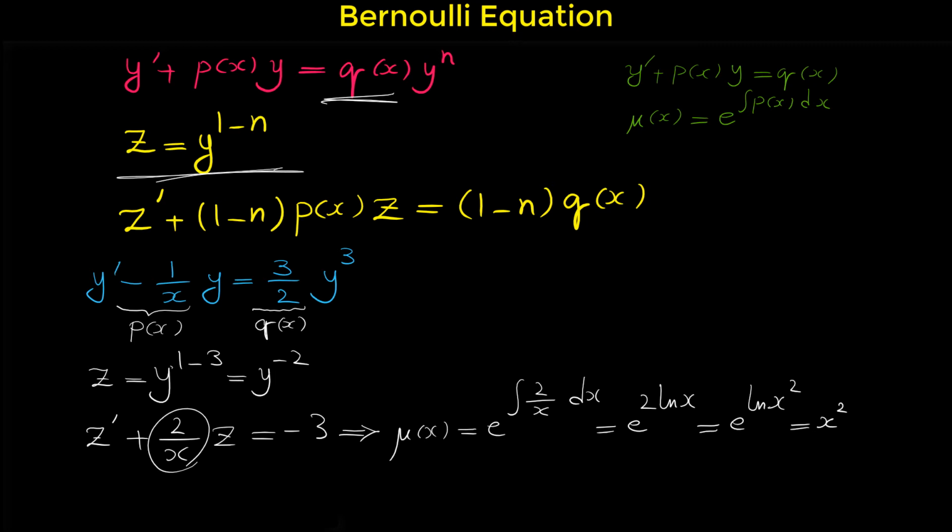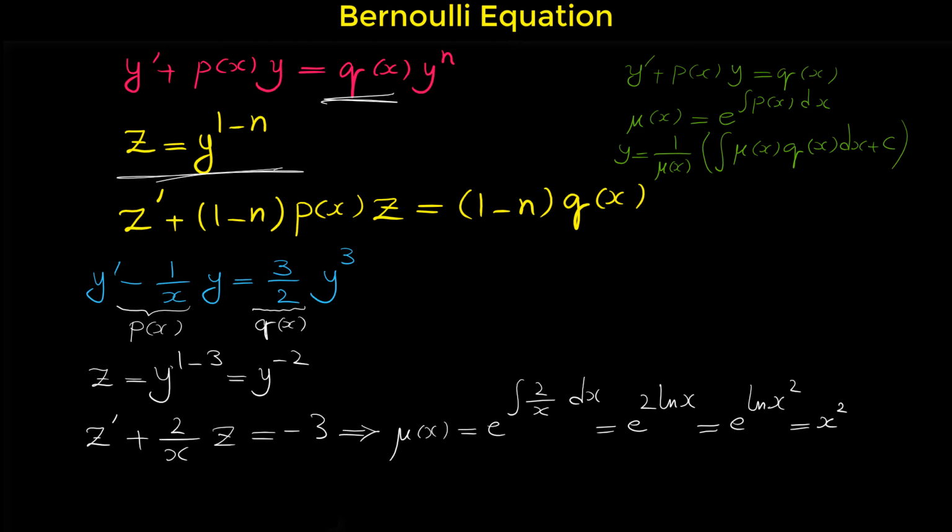Then after we find the integrating factor, we can find y in general from this formula: 1 over mu of x times the integral of mu of x times whatever is on the right side dx plus c. This is the general way of solving a linear differential equation.